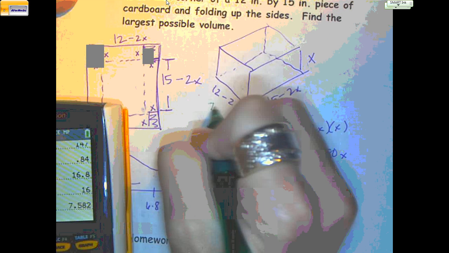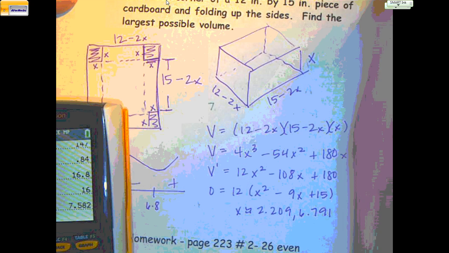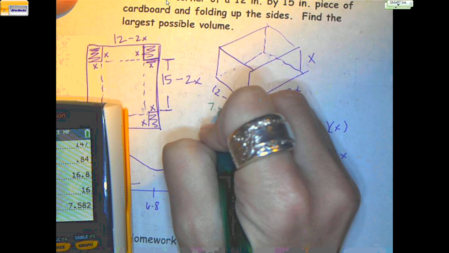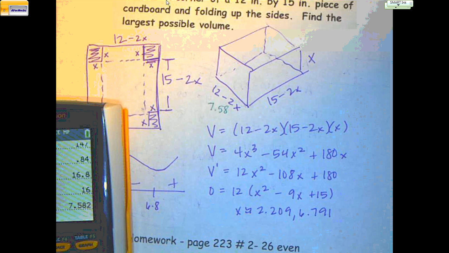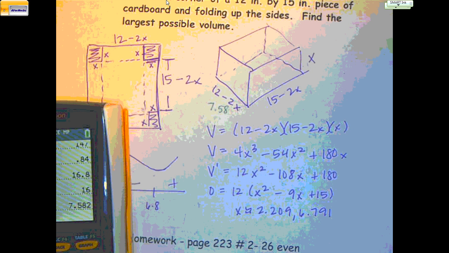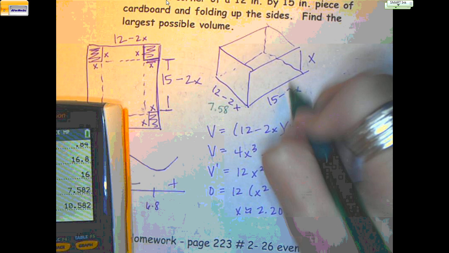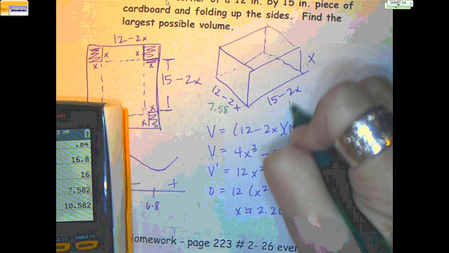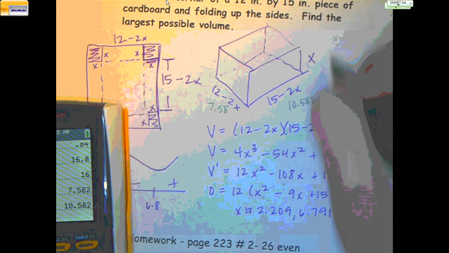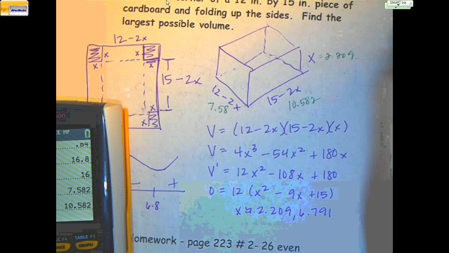You get 7.58. I've got 15 minus 2 times 2.209. I get 10.582. And this one, of course, was 2.209.